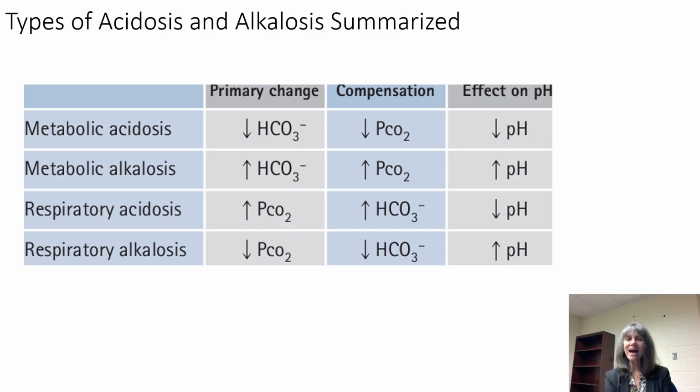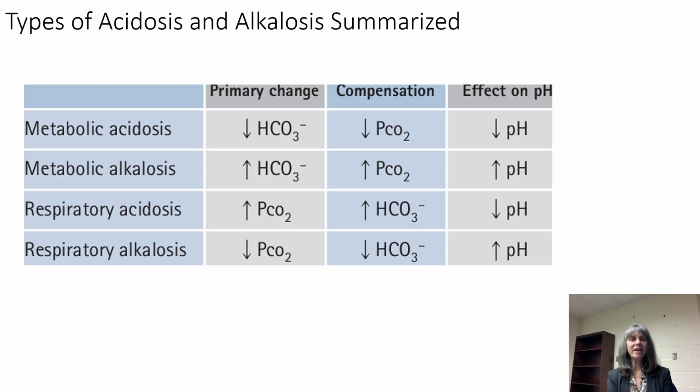Now, metabolic alkalosis, if there's a primary change of too much bicarbonate, then the effect on pH on the far right is that it will increase. How do the lungs compensate for the metabolic alkalosis? Well, we are going to increase partial pressure of carbon dioxide by slowing down the breathing and not blowing it off too quickly.